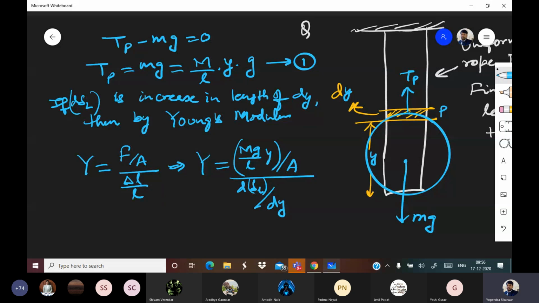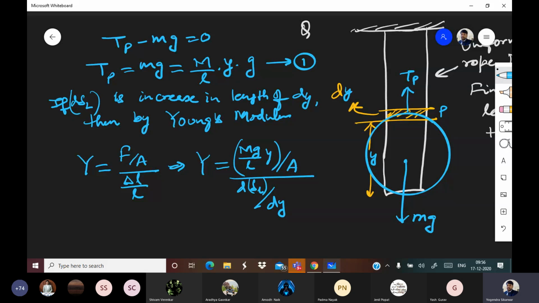Just to avoid all such small confusions, I did it like this. Be very clear, capital Y is a different variable, small y is a different variable.